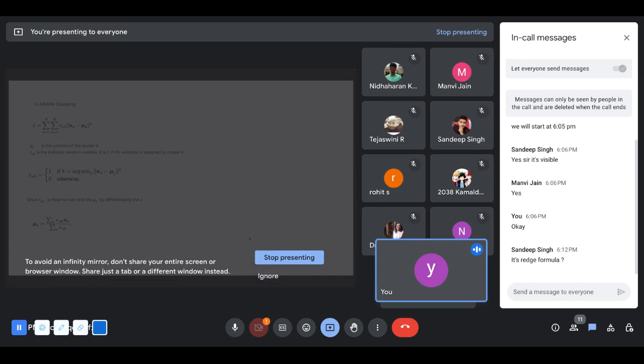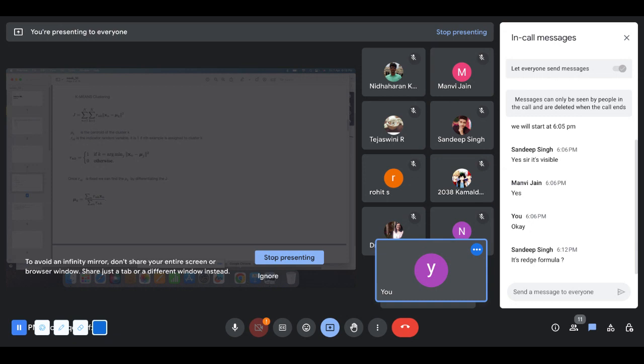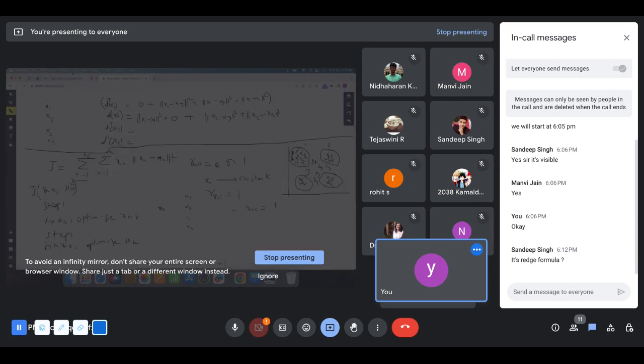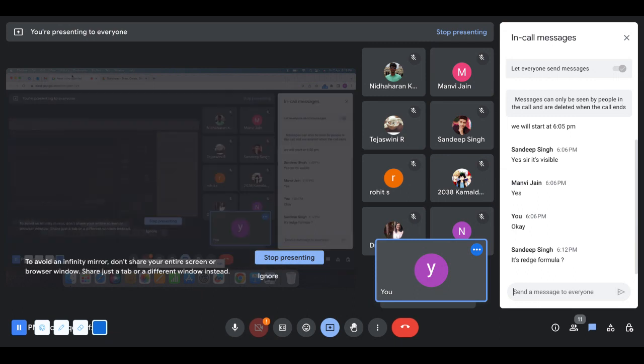That's it regarding K-means, and I hope it is clear. If you have any questions, you can ask me. It's a Ridge formula? Oh, I did not get that.